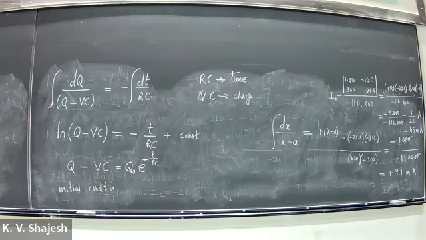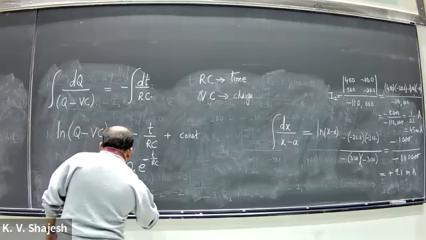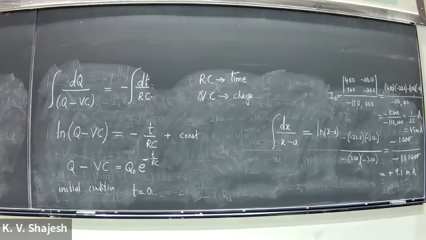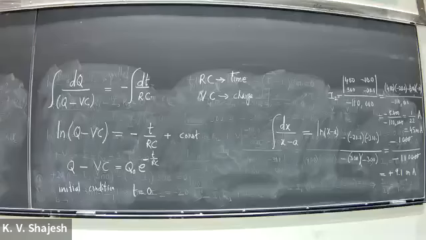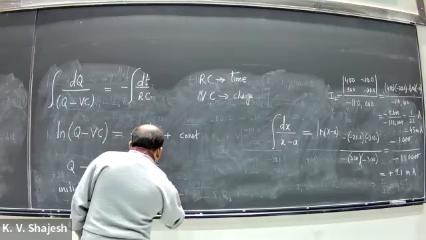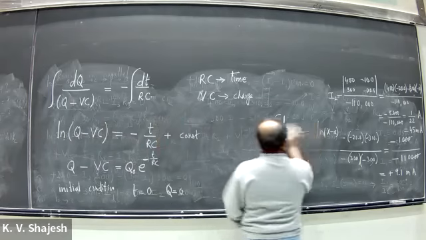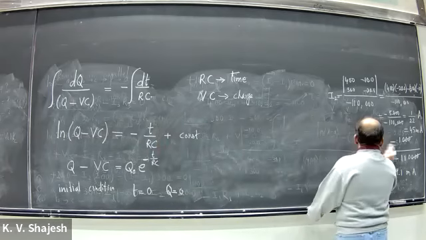At time t equal to 0, what was the situation? We said there is no charge on the capacitor. All the energy was in the battery, so Q was equal to 0. That's a condition, and I can use that to determine Q naught.